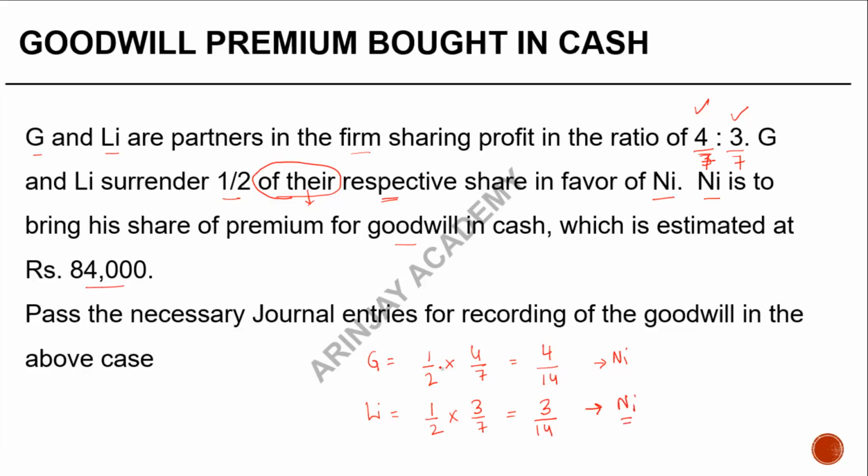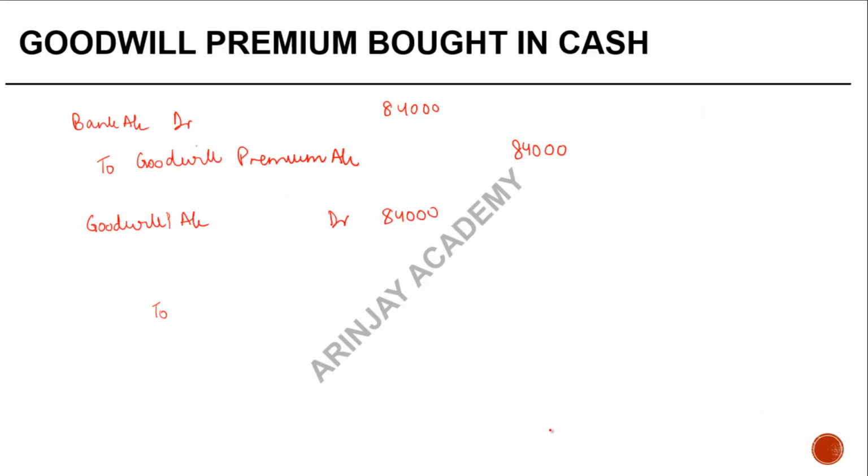So the sacrificing ratio between G and Lee is equal to 4/14 : 3/14, or simply 4:3. So any goodwill that has come should be distributed between them in the ratio of 4:3, or simply 4/7 and 3/7, if we have to work out the proportion. So out of this goodwill, we will credit G and Lee capital accounts.